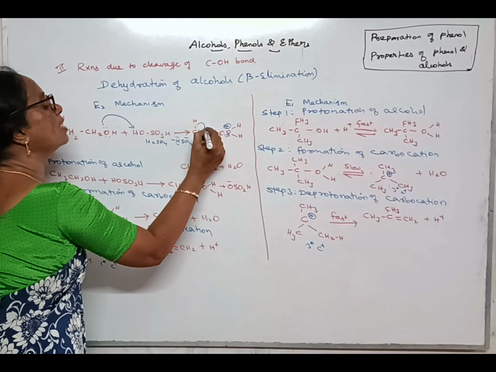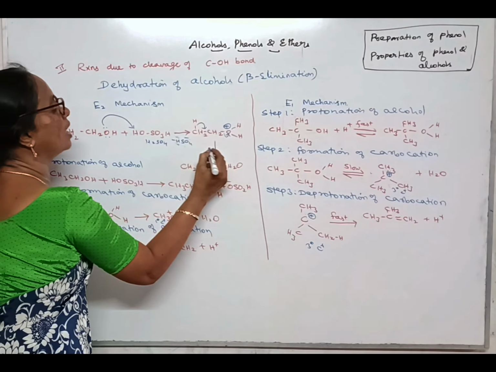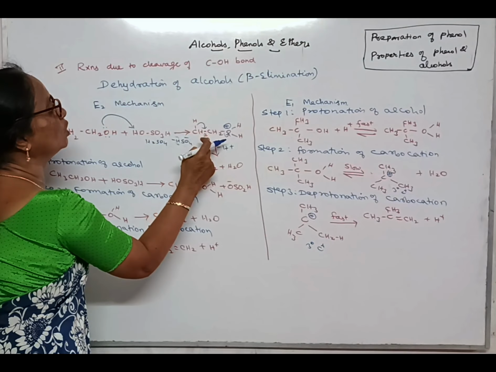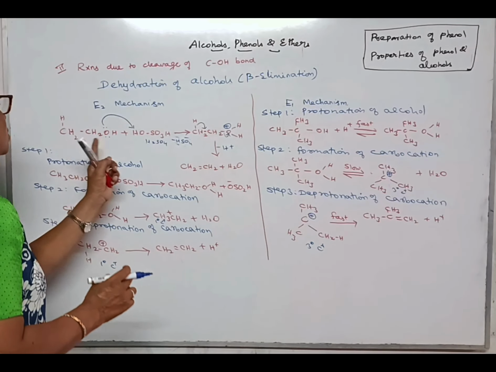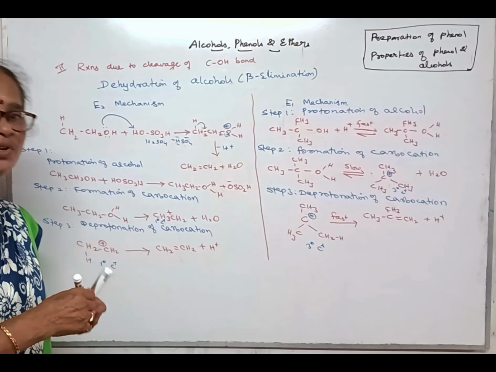Subsequently, the proton is eliminated from the beta carbon, minus H plus, and hence we get CH2 double bond CH2 with the elimination of water also. All these steps take place in a single step because of the E2 mechanism.